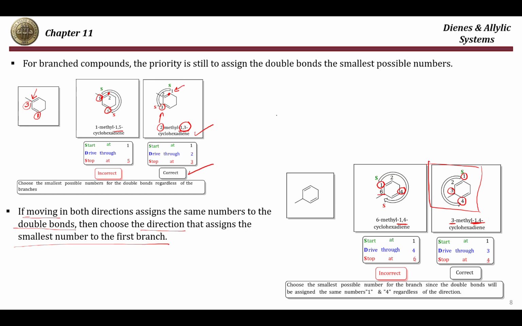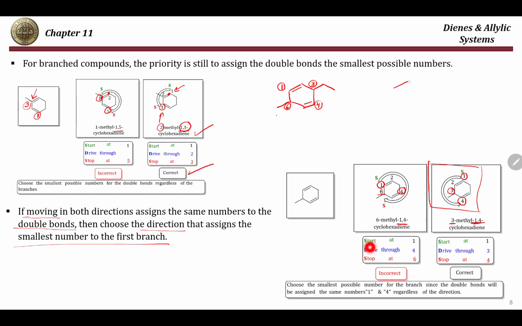For example, let's say we were given this compound, which is very similar to this one here. And again here, if I started this to be number 1, my ethyl will be at 3, my double bond will be at 4, and my methyl will be at 6.